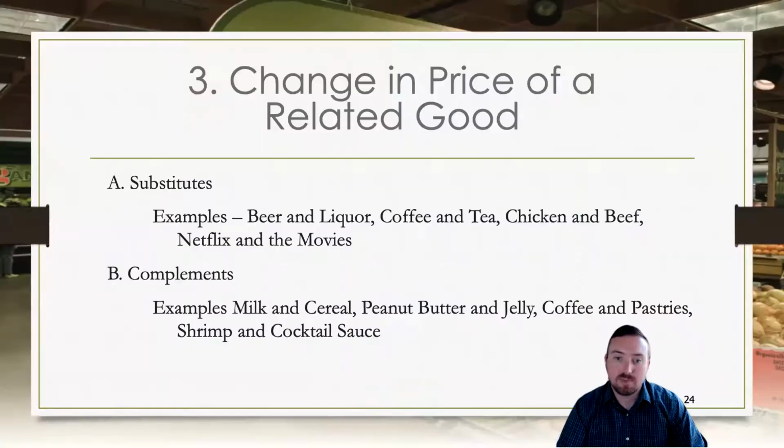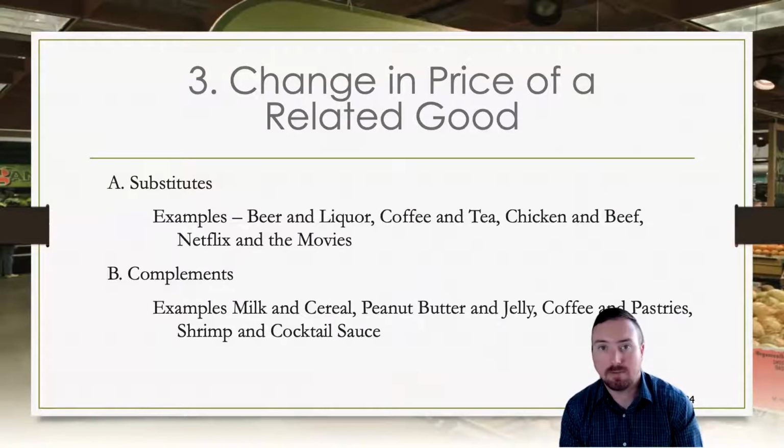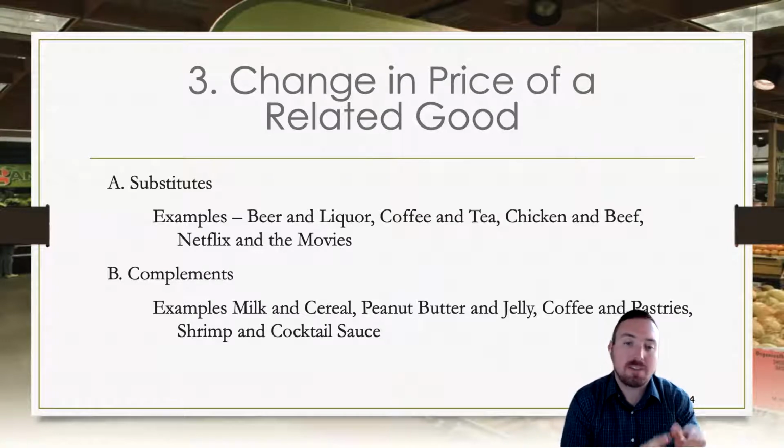Okay. Number three, a change in the price of a related good. So changes in prices of related goods can affect demand, okay? So different types of categories, we have substitutes and we have complements. And you see examples here on the slides. Substitute goods are those goods that are related in that you can interchange them or substitute one for another.